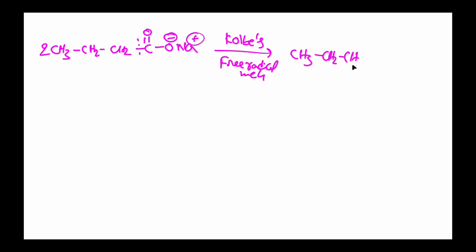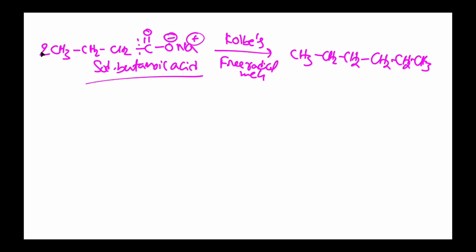So hexane is formed in this Kolbe electrolysis of sodium butanoate. Based on the free radical mechanism, it gives alkane, carbon dioxide, NaOH and so on. So hexane is formed as one of the major products.